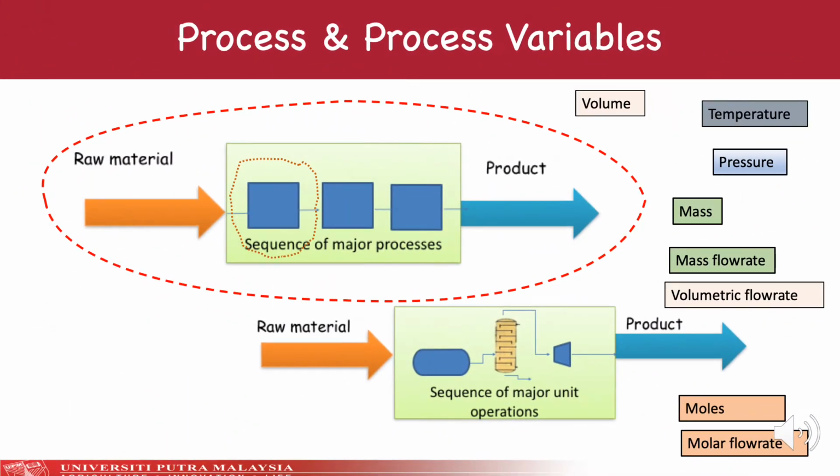Let's look now into what is known as a process. A process, as I described before, is any operation that converts raw materials into a product. It can be a system, as shown here, where you have a sequence of major processes, or it can be a single unit, because in each single unit there are respective variables involved, and they are changing along the sequence of the processes.